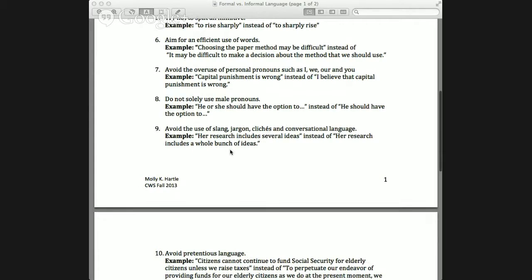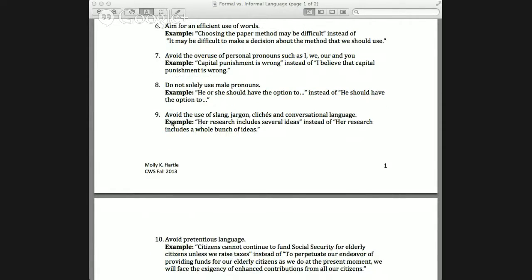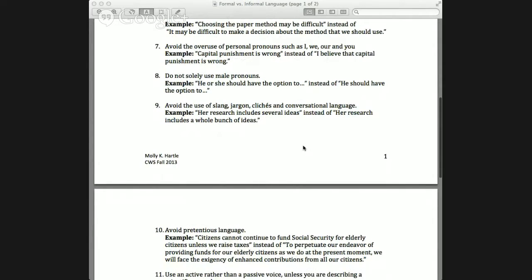Great. Number 9, we're going to avoid the use of slang, jargon, cliches, and conversational language. This is a little bit more of a subjective one, but you see here, her research includes a whole bunch of ideas. Well, a whole bunch is pretty colloquial. Again, it's really conversational and is not very specific.